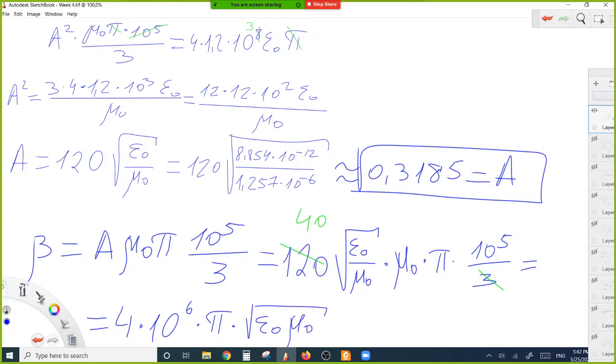And so if you compute the numeric value of this for beta, you will have 0.0419. This is the value of beta.